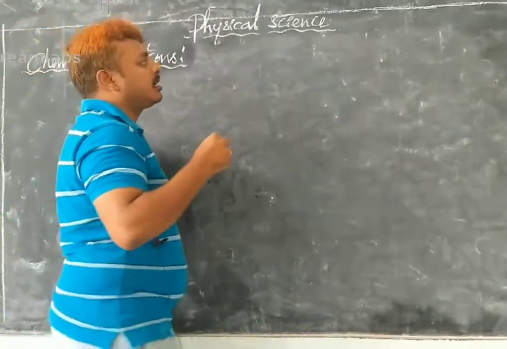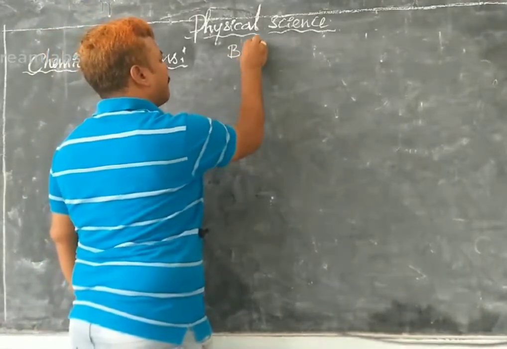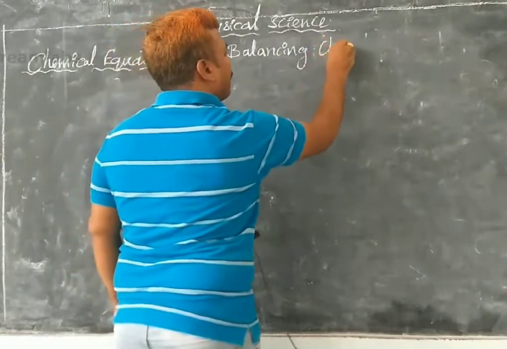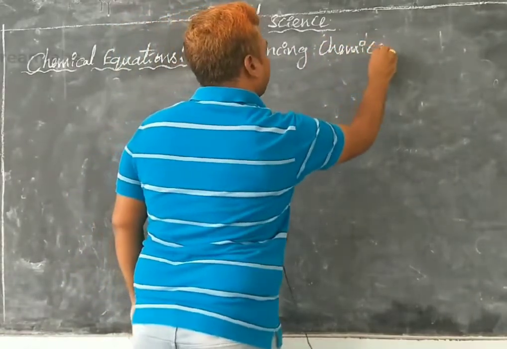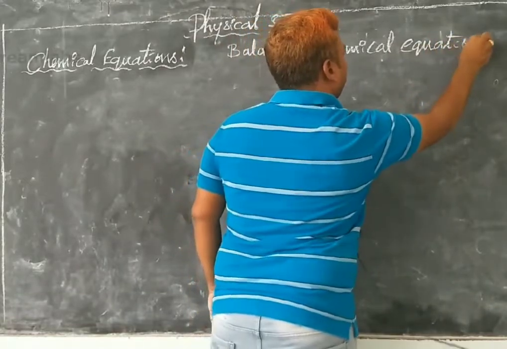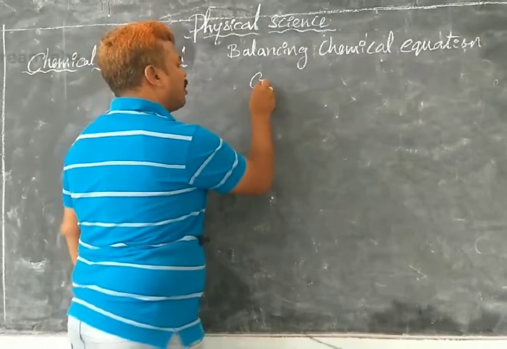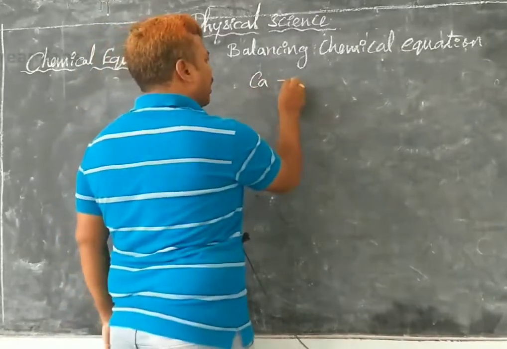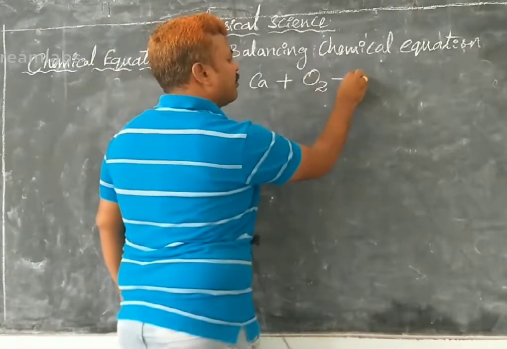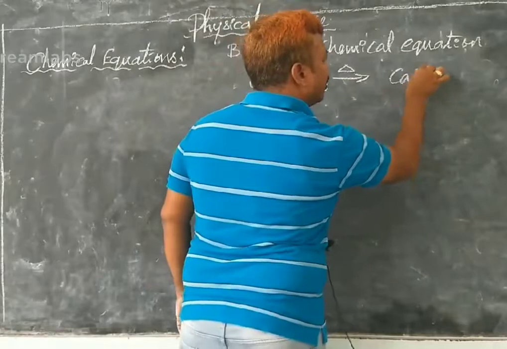Now let us see balancing of chemical equations. I will take one more very simple example: calcium burns in the presence of oxygen on heating, it will give you CaO.